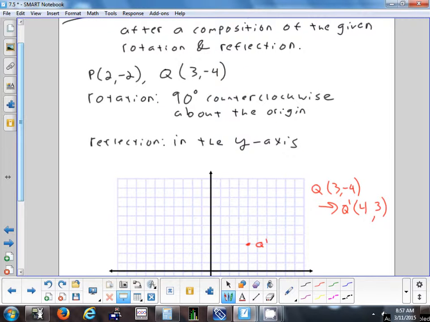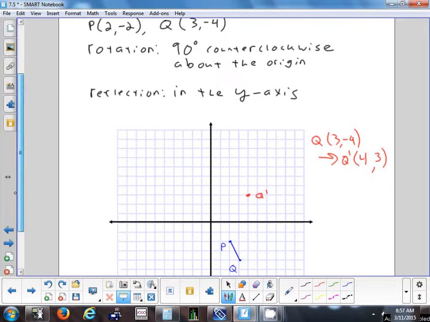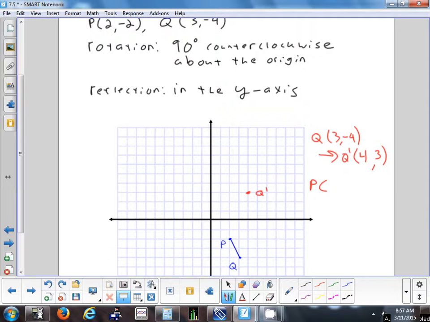I started with Q because P is a little more confusing. The numbers are the same, so when you switch them, you don't notice, and then you make it negative. It's kind of hard to tell what happened. Okay, so P is 2, negative 2. And we'll switch them and make the first one negative.